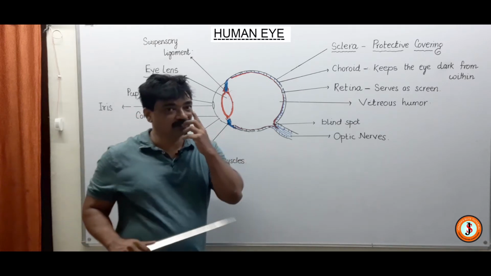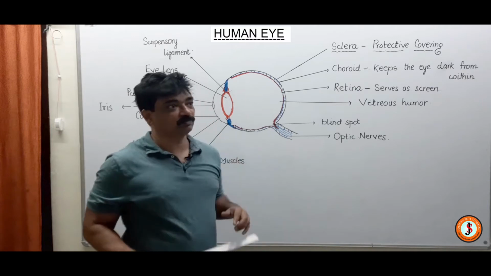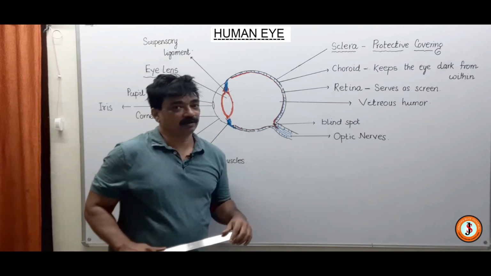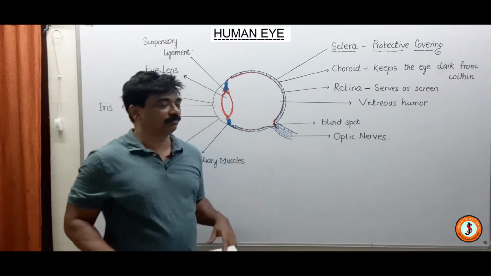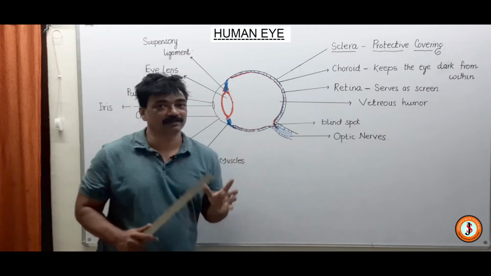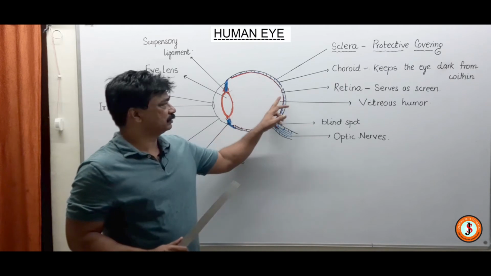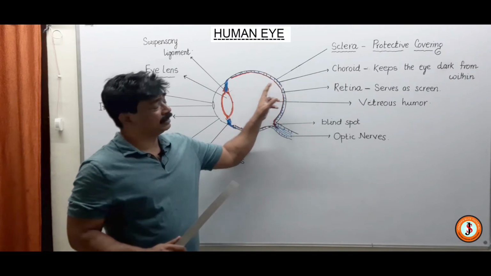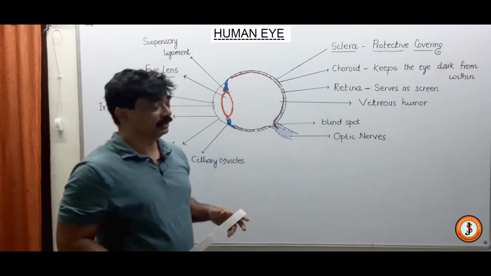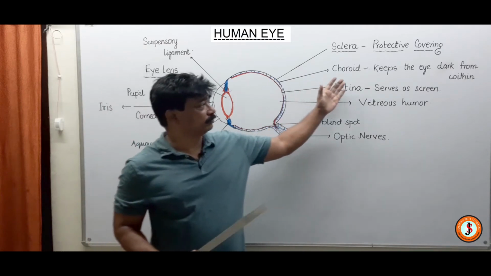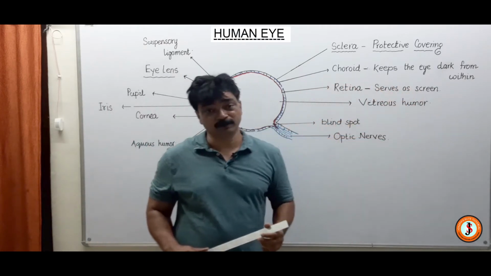Some part of that, the white part, is visible from the front. That is a muscular layer and a protective layer in which every other thing of the eye is contained. Then there is the middle layer. Out of the three muscular layers, the middle layer is the choroid, which keeps the eye dark from within.